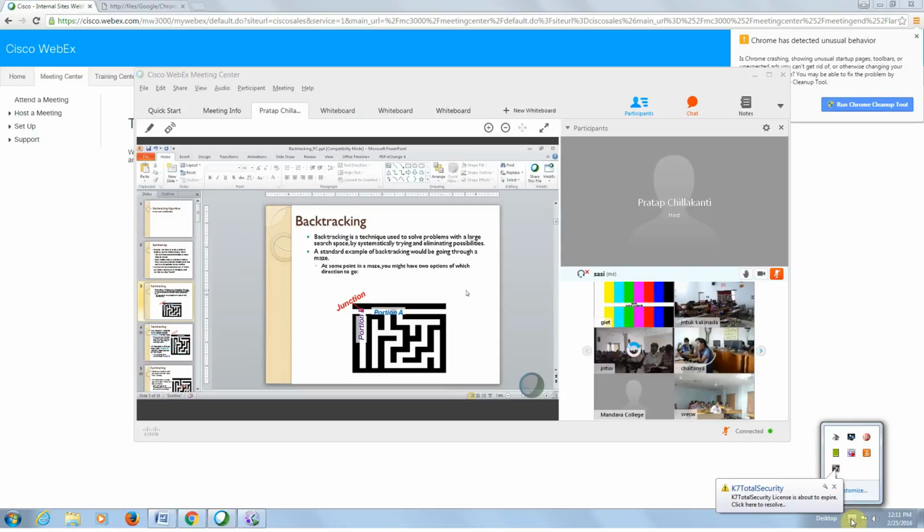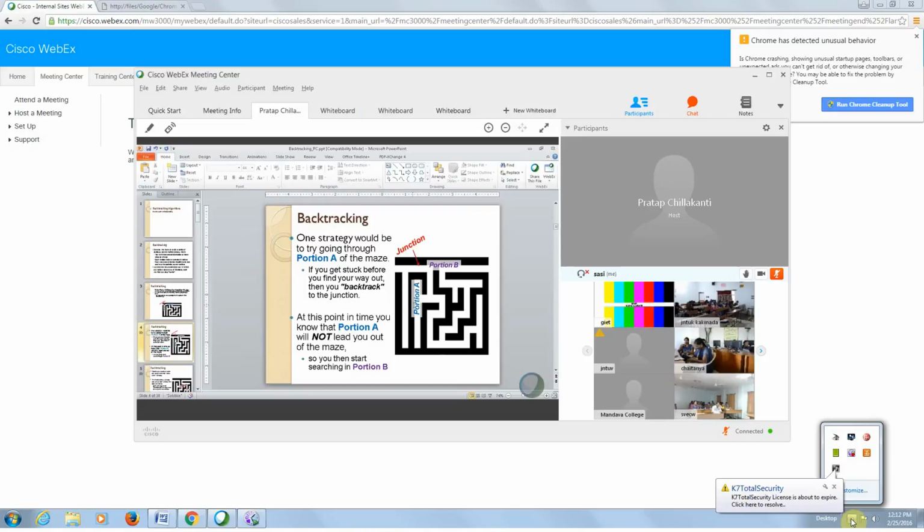You have to go from one end and come out the other end. Depending on which path you take in a maze, you get stuck. When you get stuck, what do you do? You backtrack. You go back to your previous known point, and from there you try another entry or a path. So that is the maze. Whenever you are in a maze, you have two options, which direction to go. It could have two, it could have three, who knows. But that is the concept of a maze.